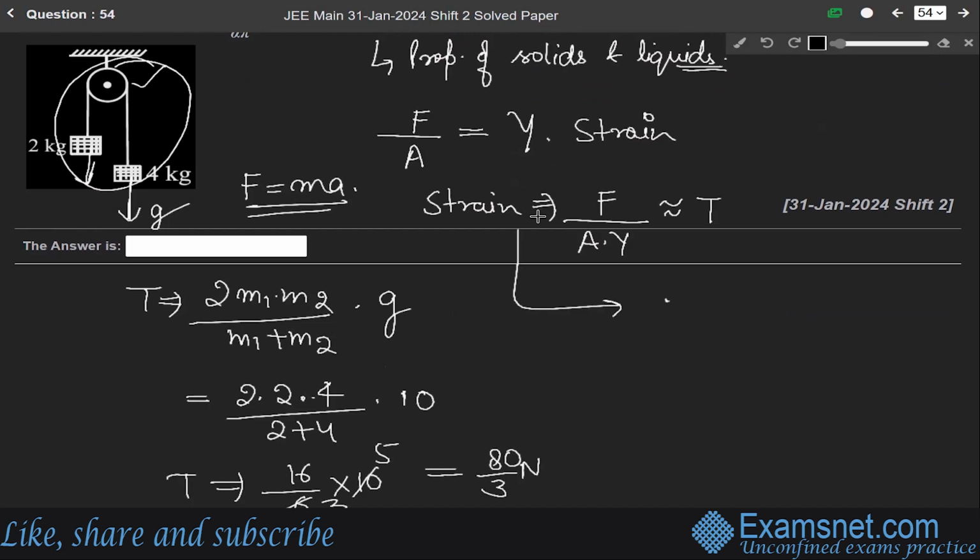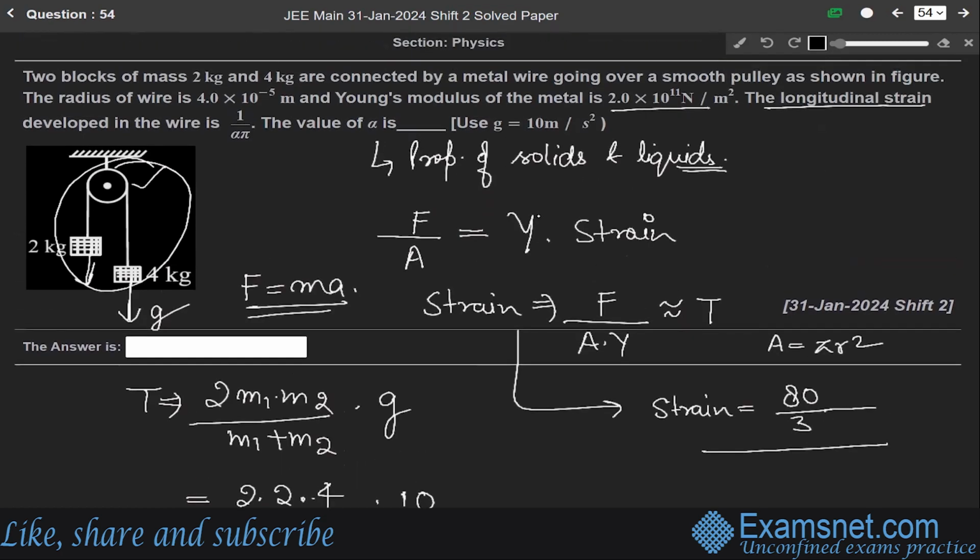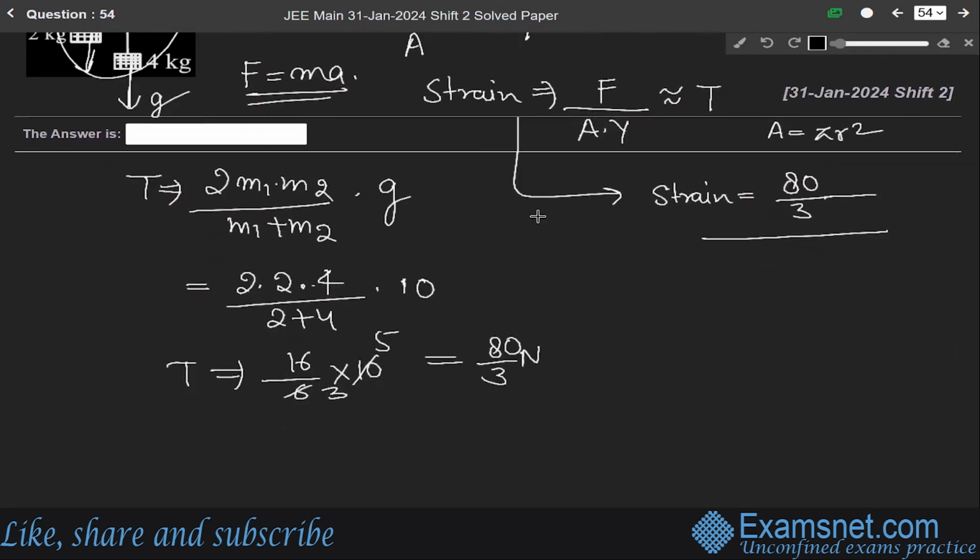So this strain will be equal to 80 over 3 into over area. Area is pi r square, and the radius is given as 4 into 10 to the power minus 5 meter, so pi into 16 into 10 to the power minus 10, into Young's modulus.